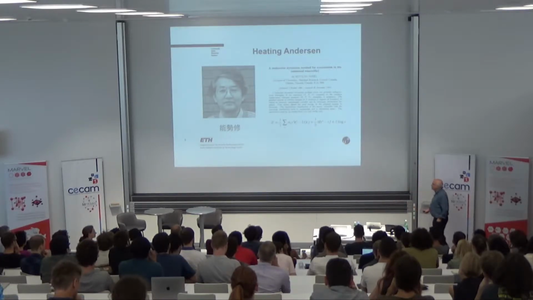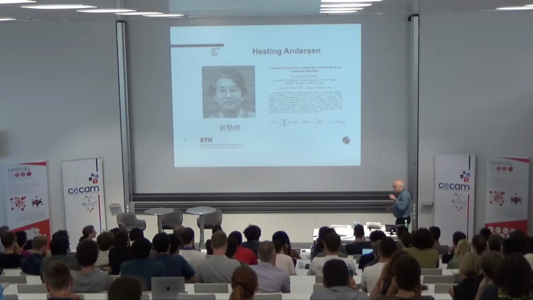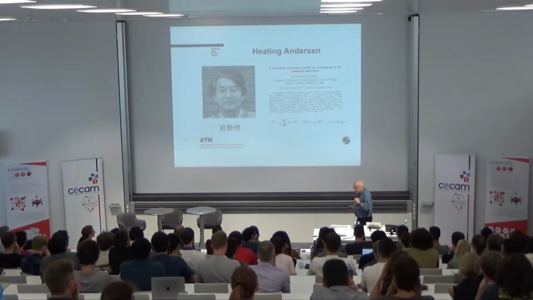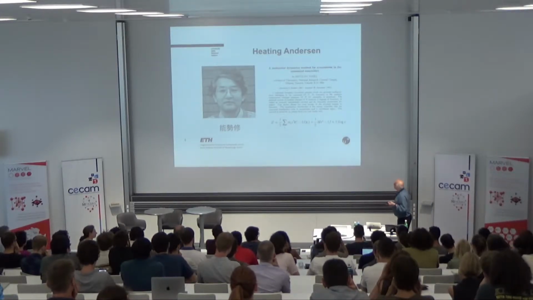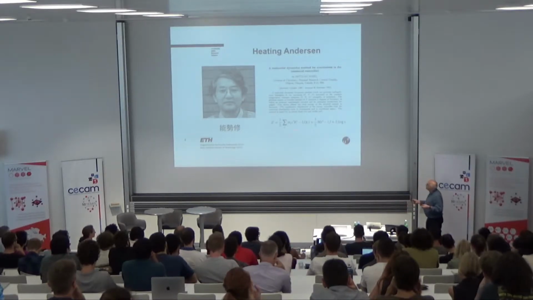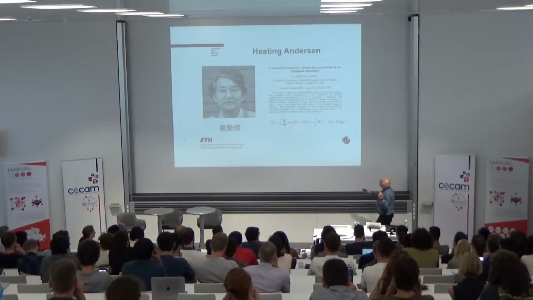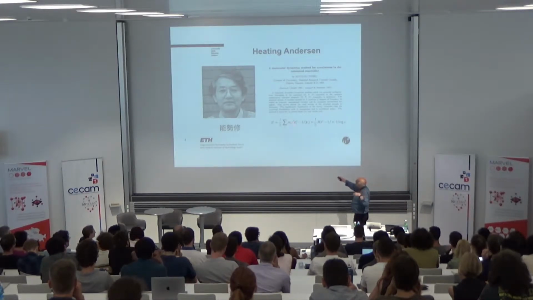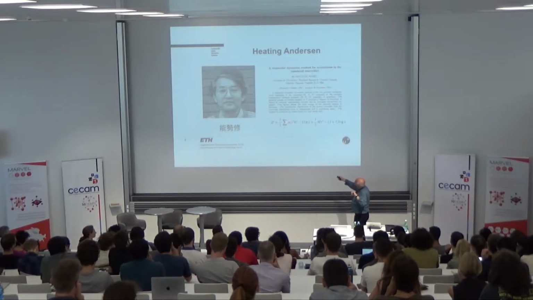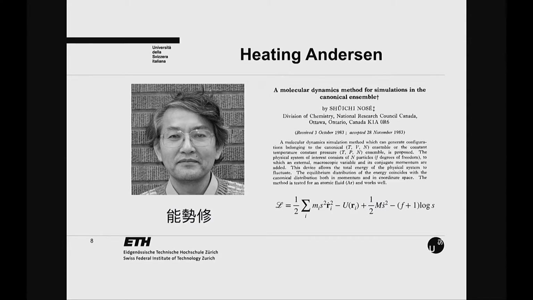Really, a great scientist who decided, why don't we try to extend the idea of Andersen so as to control the temperature? And so again, he started writing a Lagrangian, added a new degree of freedom, ds, which you can think of as modulating the scale of time or changing the masses, whatever. You can have many interpretations of this variable.